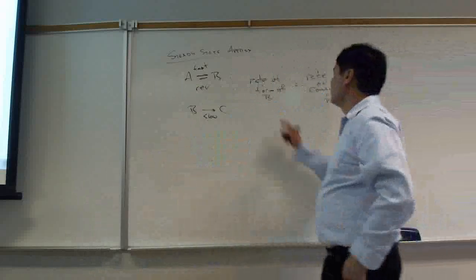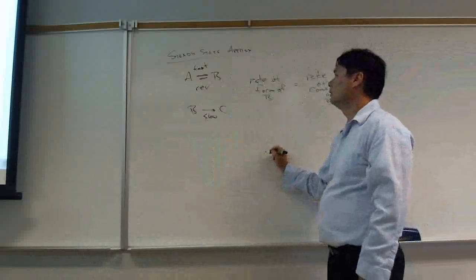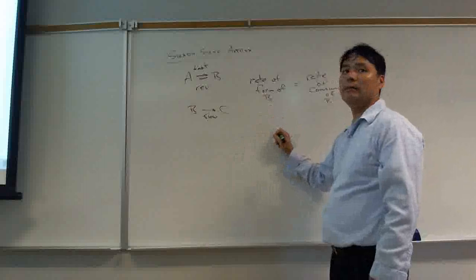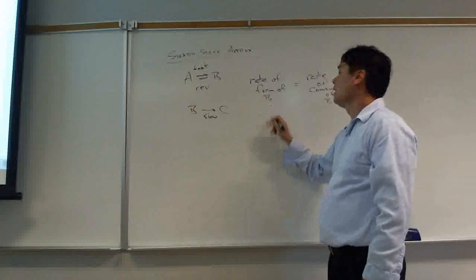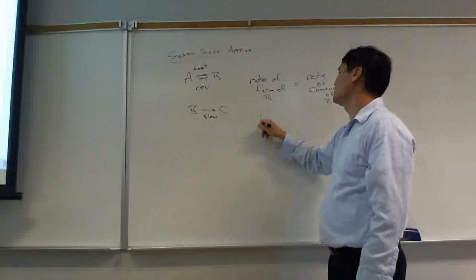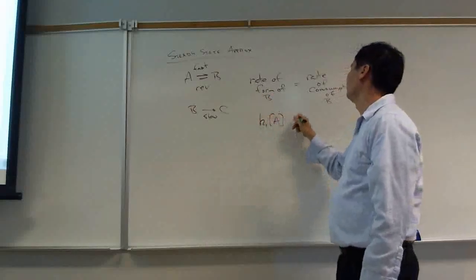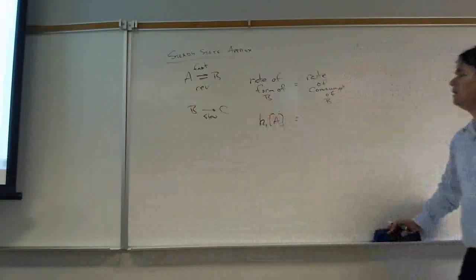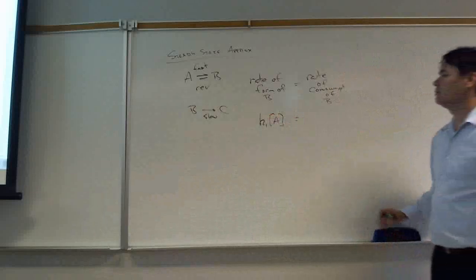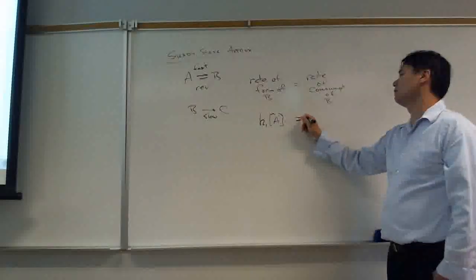So, how is B formed? B is formed only one way, from A. And so the rate of formation of B is just equal to K1 times the concentration of A. But how is B consumed? B is going to be consumed in two ways.